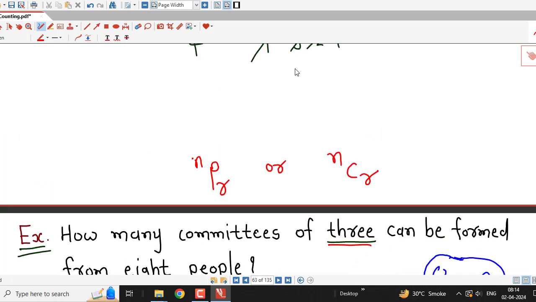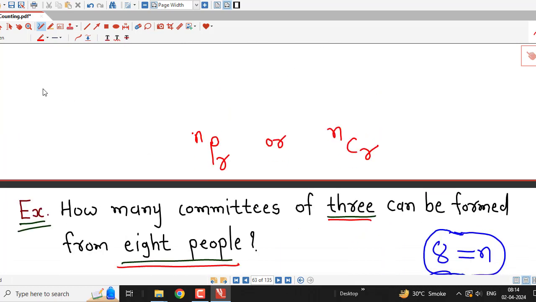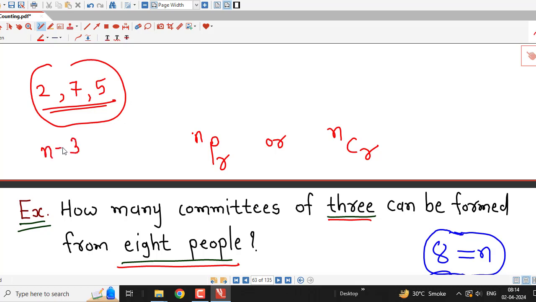For example, suppose we are given 3 digits, say 2, 7 and 5, and they ask us to construct the number of 2-digit numbers that can be constructed out of these 3 digits.